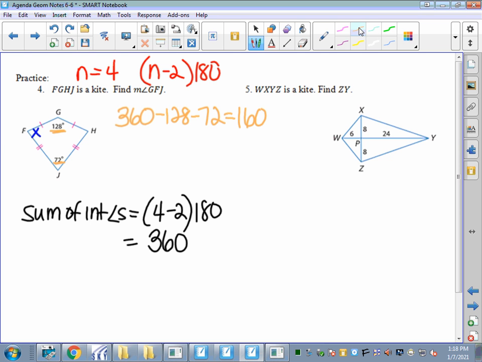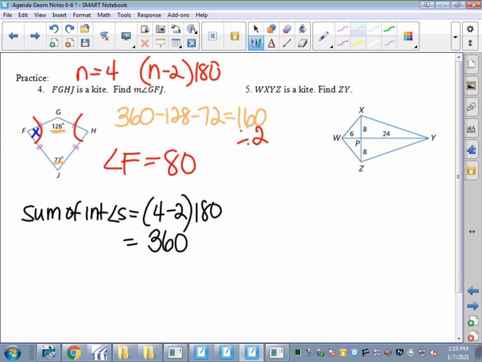So angle F has to be congruent to angle H. And if I've got 160 degrees to split evenly between them, I know that angle F is equal to 80 degrees. Angle H is also equal to 80 degrees. So sneaky problem, I had to use some old stuff. Remember the beginning of chapter 6.